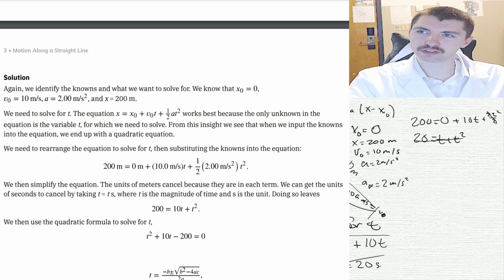I guess you don't do that because you have to divide everything by 10. Okay, so they're going to do a quadratic formula.